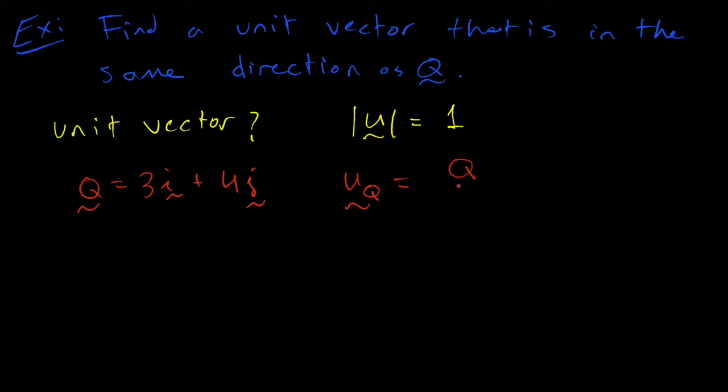We get vector q, and we simply divide it by its magnitude. And here's what will happen. We will get 3 over 5 i hat plus 4 over 5 j hat.